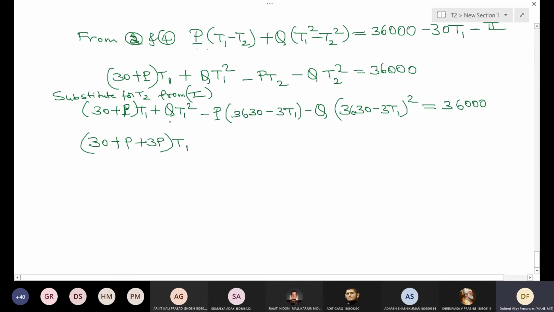Then we have Q into T1 square. Then we can take P into 3630 to the right hand side because it's a constant, so we'll leave it there. Expand this one.